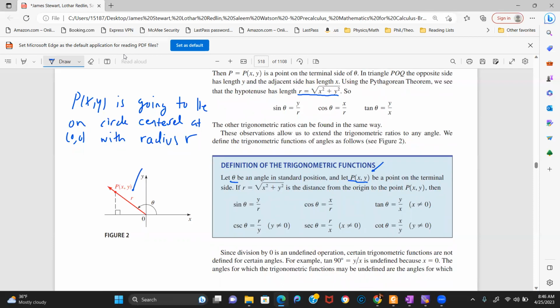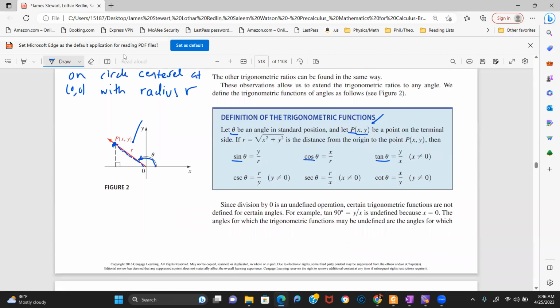Then you have all these points along this ray. You could take any point you want. It doesn't matter which one. You're going to get the same ratio. So you take a point, say this point x, y, and then you define the trig functions as follows in terms of that ratio. And as I said, let me just make that observation note.